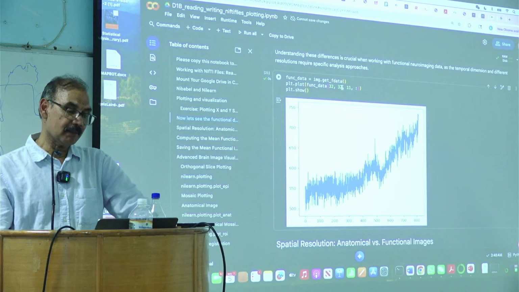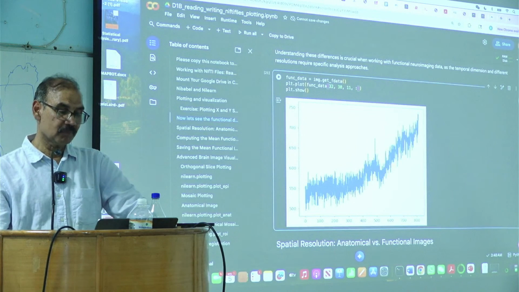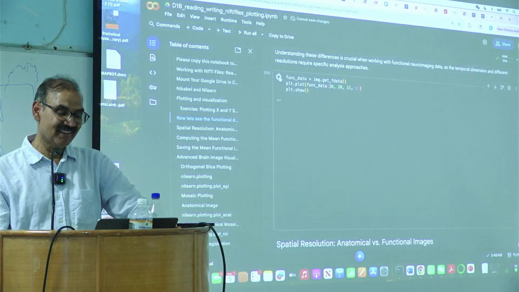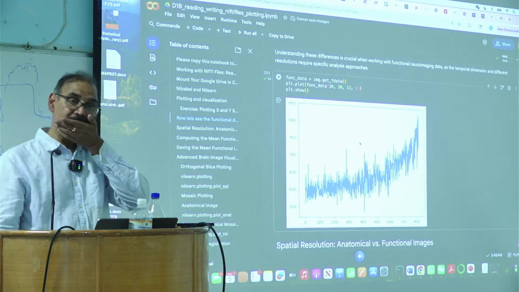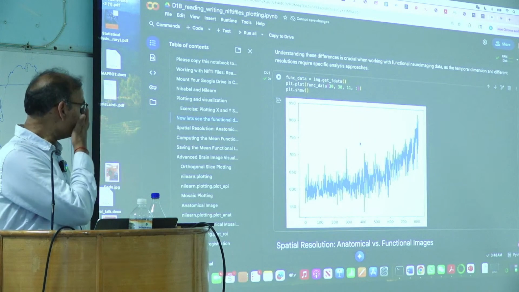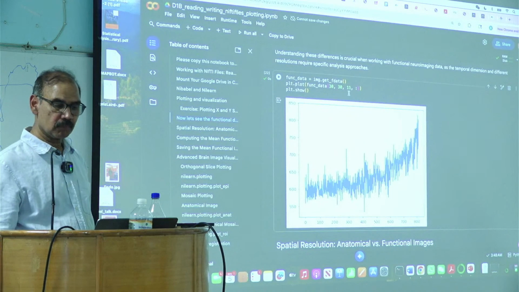We can try some other voxels also, maybe 30. Okay, so this is one way in which you can look at the different coordinates and plot it, right?